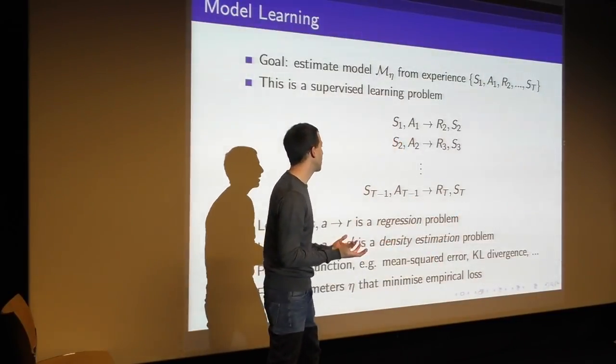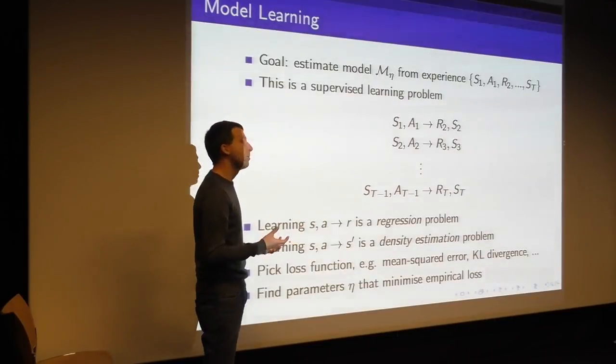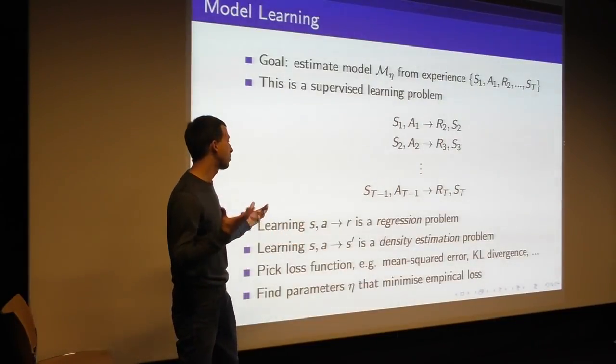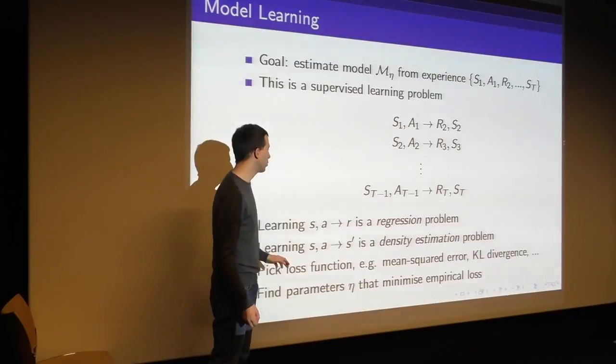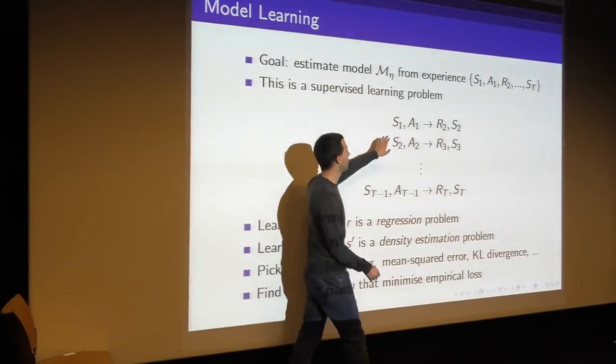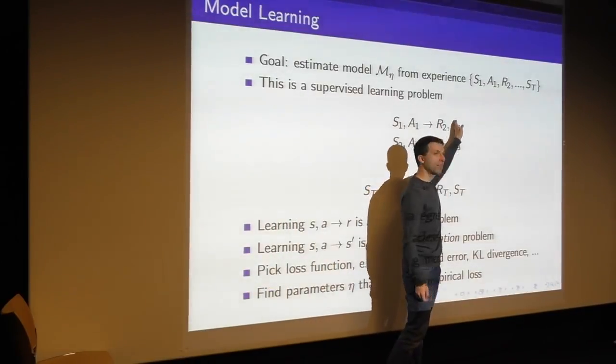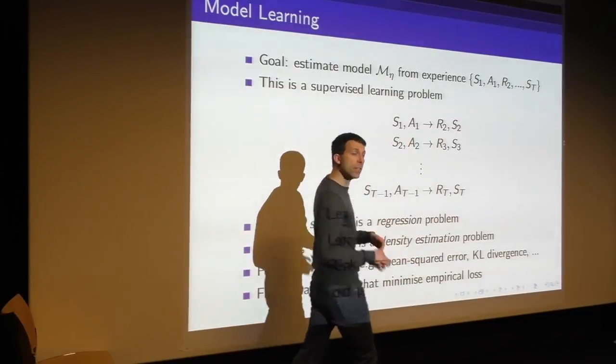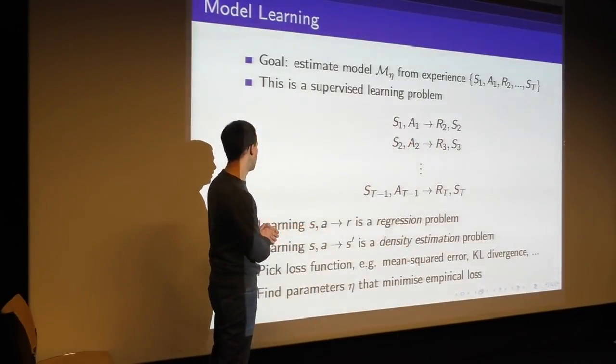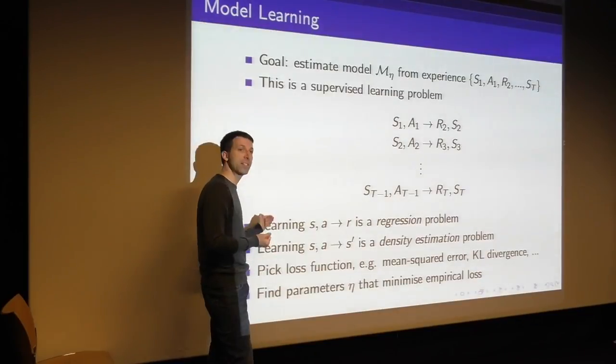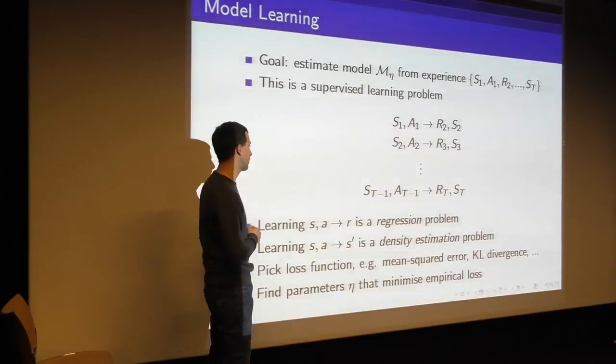We can use that training set to basically do regression to learn the rewards. So we're trying to split this into two parts: the reward part and the state transition part. You don't have to split it, but it can be useful. One reason it's useful is that these are different types of supervised learning problems.